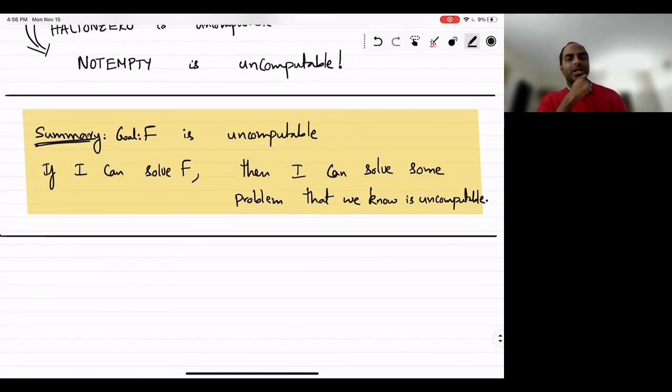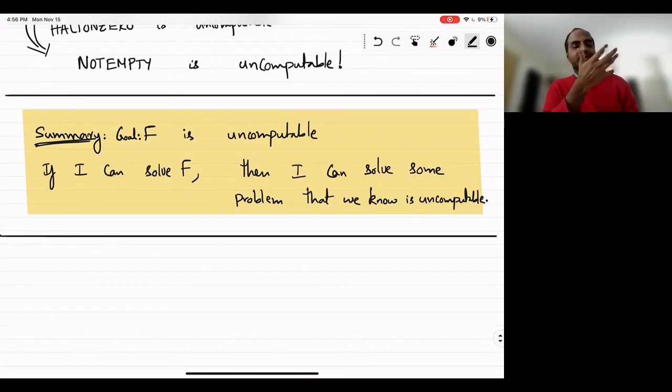You view your input string as a program, and then I'm trying to decipher some behavior of the program, like what happens when I run the program on input X. Halt on 0: does the program halt or not on the input 0?